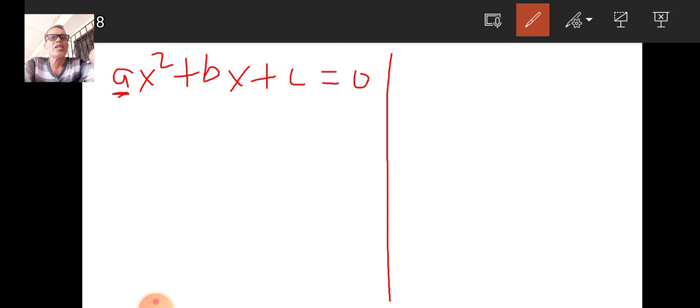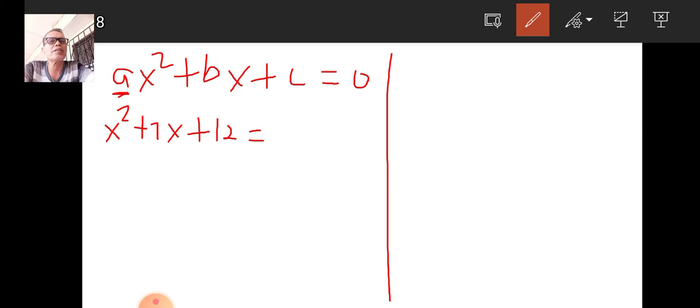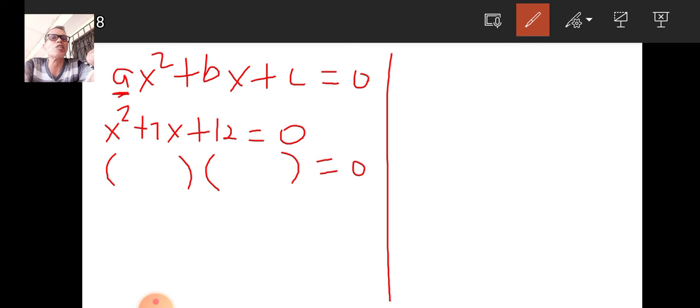For example, you have x squared plus 7x plus 12 equals 0. Since a is 1, you don't need to write 1.